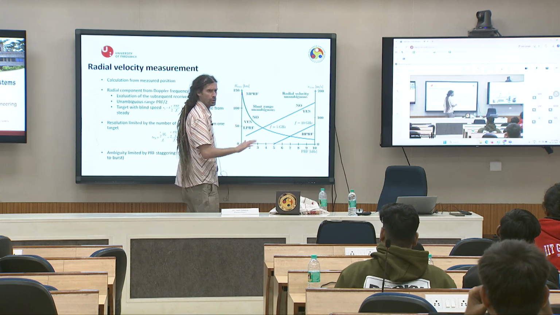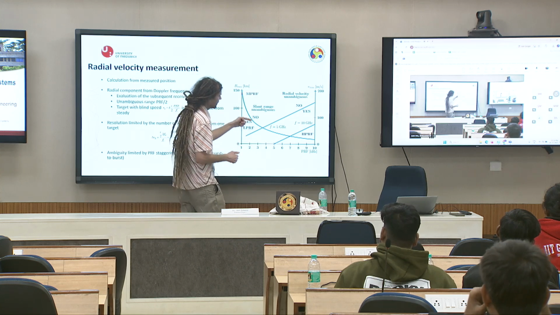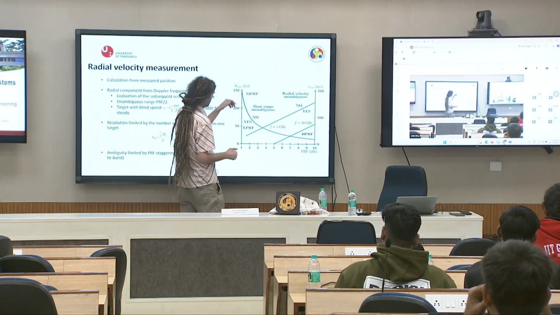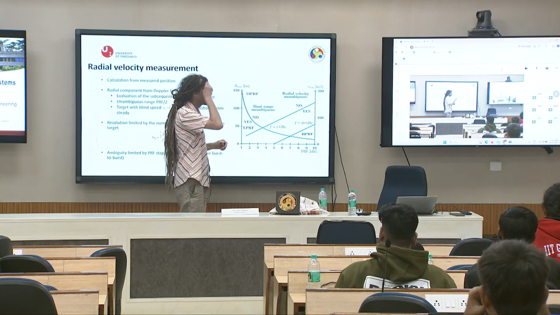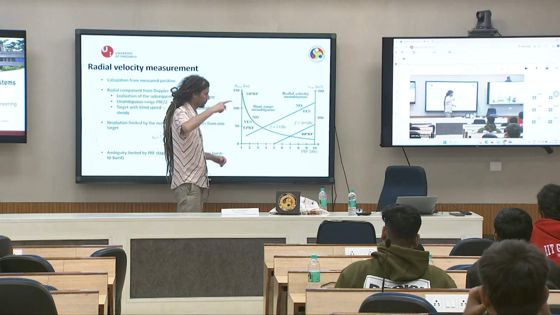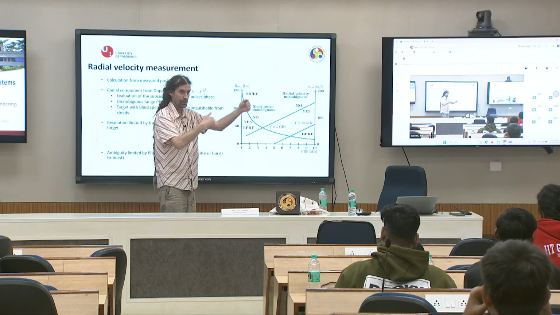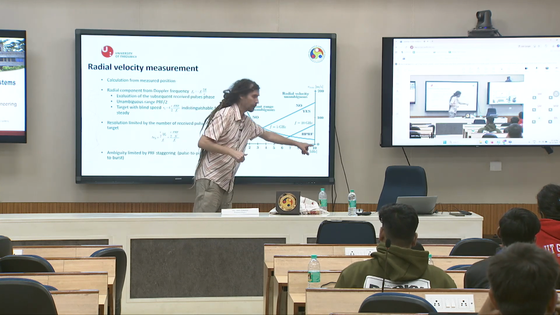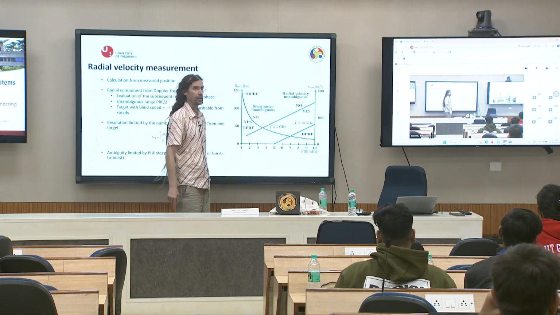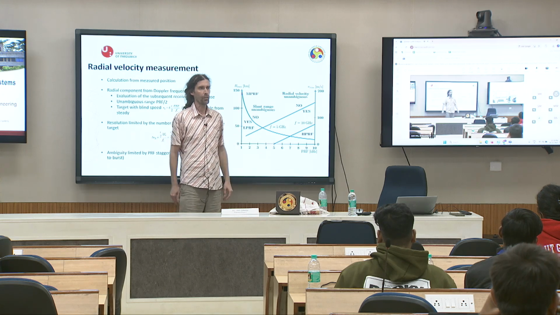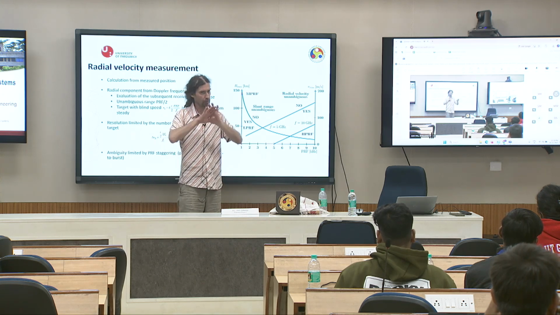But it is good. So you can see this curve. For 1 kilohertz, it means 1 millisecond, 2, 3, 4, 5, up to 10 milliseconds. I have an unambiguous range of 150 kilometers. So everything under 150 kilometers I perfectly detect as slant range.